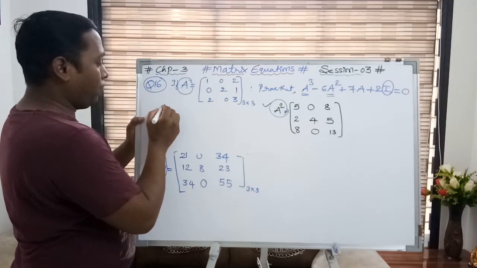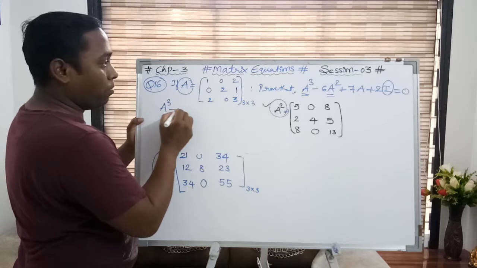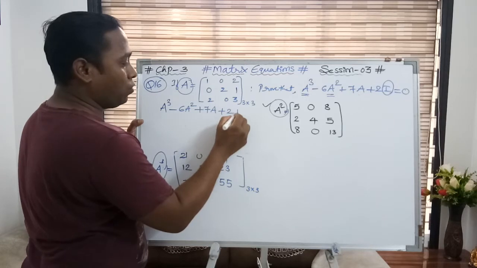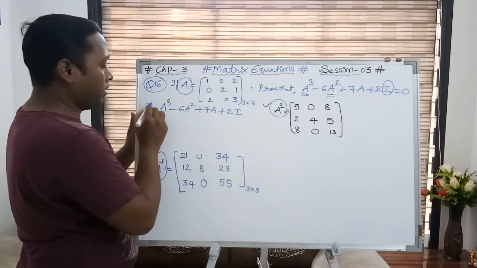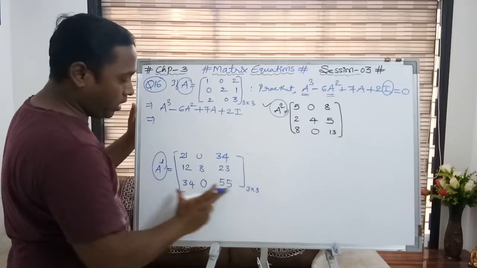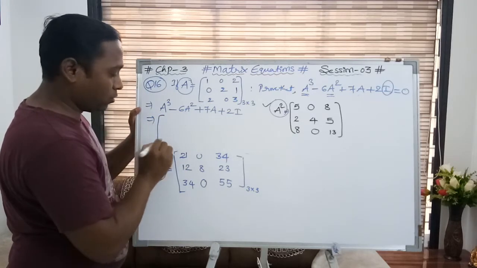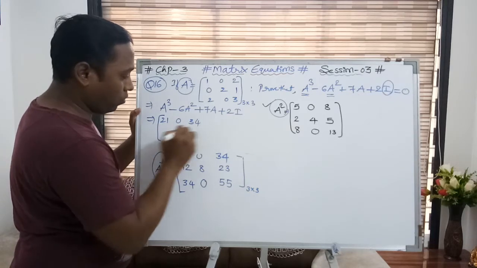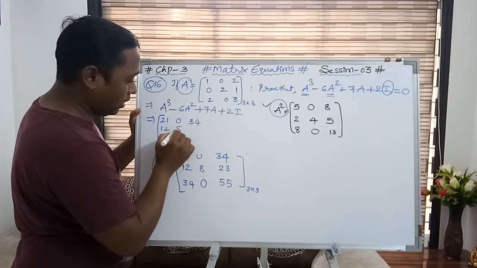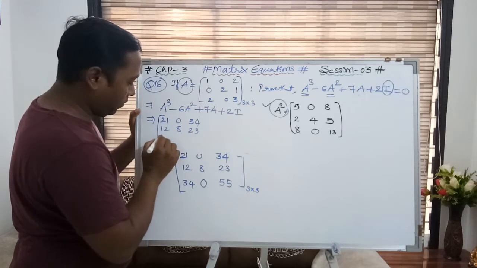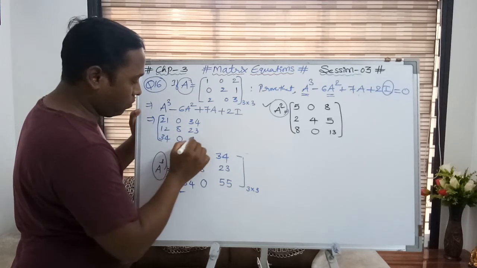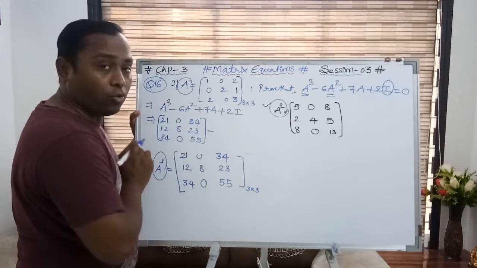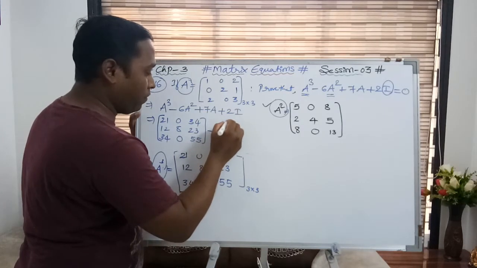So what is the equation we have? A cube minus 6A square plus 7A plus 2I, which we need to solve. This is the left hand side. A cube, already this matrix is this, I am writing that matrix over here: 21 0 34, 12 8 23, 34 0 55, minus 6 into A square, so 6 times the A square matrix.